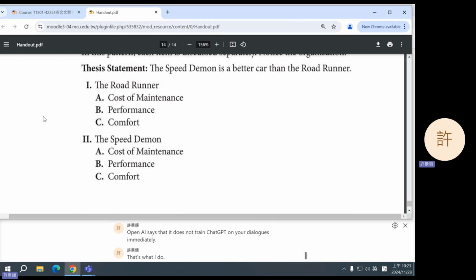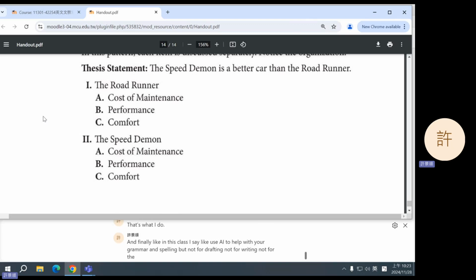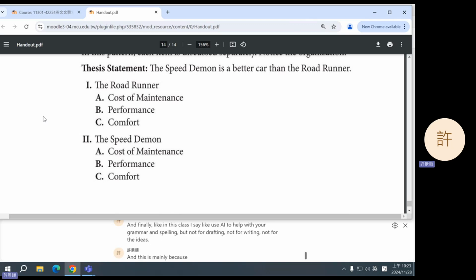And finally, in this class, I say use AI to help with your grammar and spelling, but not for drafting, not for writing, not for the ideas. And this is mainly because you might think, oh, I can just have AI generate an essay and then I'll add some stuff and make it more human.